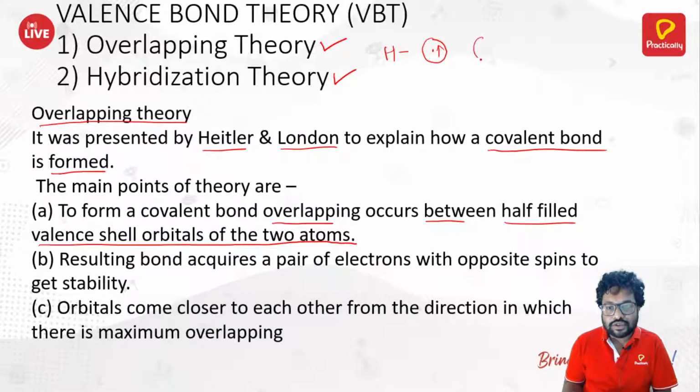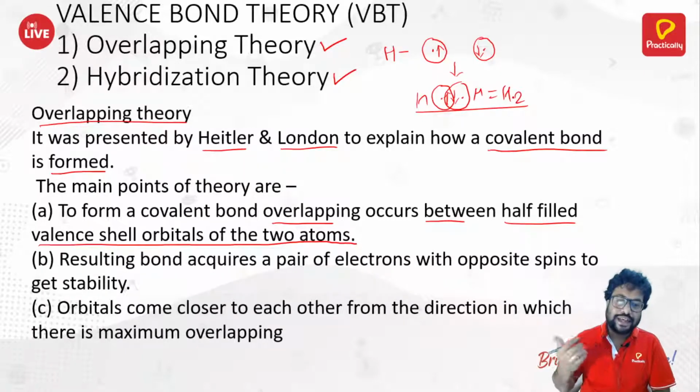Then the other hydrogen also has a nucleus here, electron here. Both of these overlap like this, where the electrons would be here, nucleus would be here. That is how you form the H2 molecule. That is what this theory says.